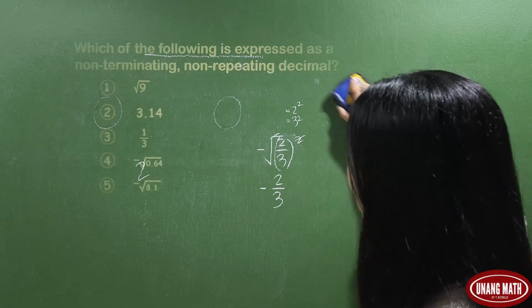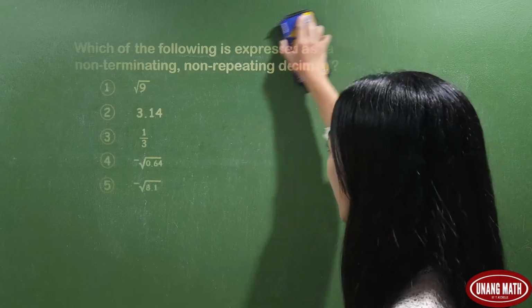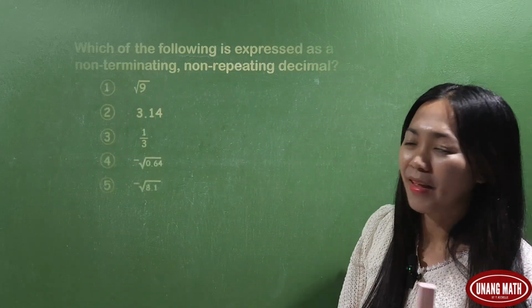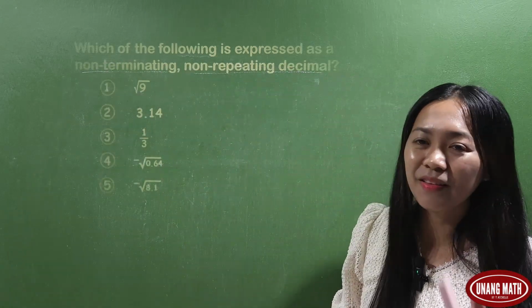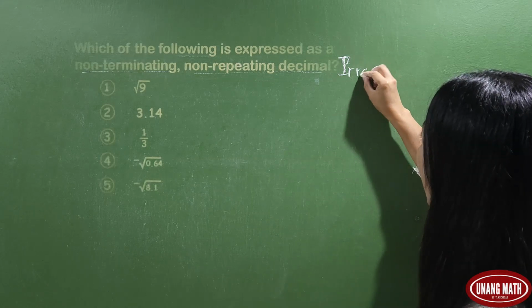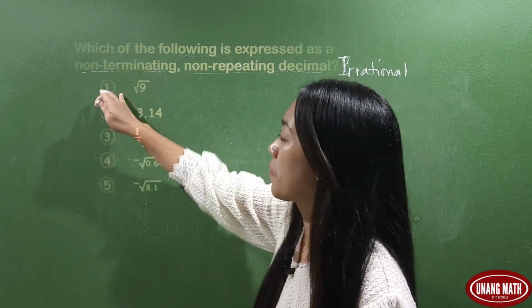Okay, what about this last question? Which of the following is expressed as a non-terminating, non-repeating decimal? Non-terminating, non-repeating decimal means we are looking for irrational numbers. Okay, let's check number 1.